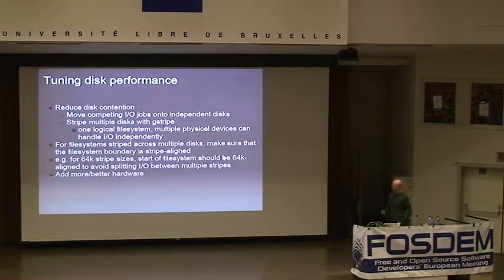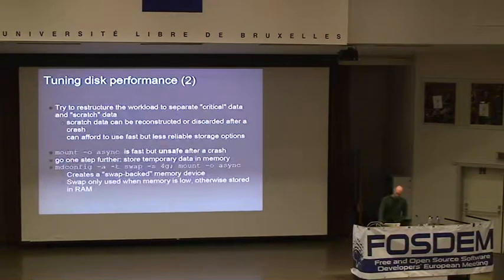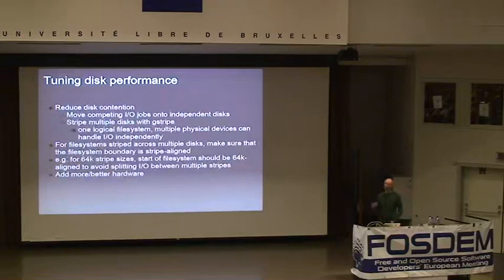So, some caveats to be aware of. When you're striping across multiple disks, you want to make sure that your file system boundary is actually stripe aligned, and that the stripe size is in agreement with the block size of the underlying disk. That's typically not an issue, but this first one can be important. If you, for example, are using 64K stripe sizes, then you want to make sure that the start of the file system is also going to be stripe aligned on the disk.